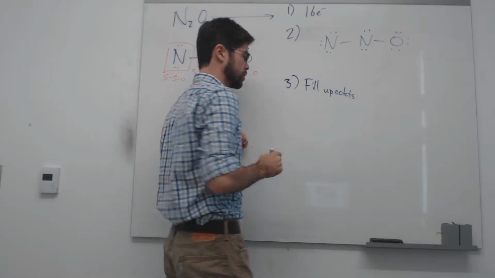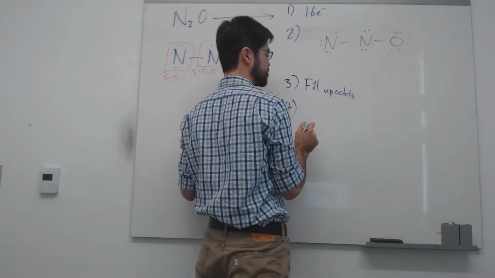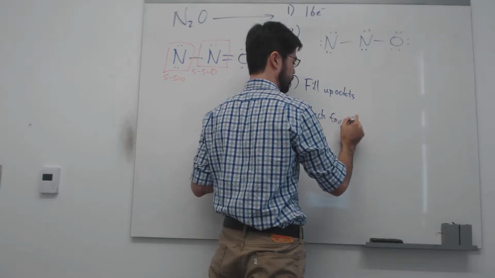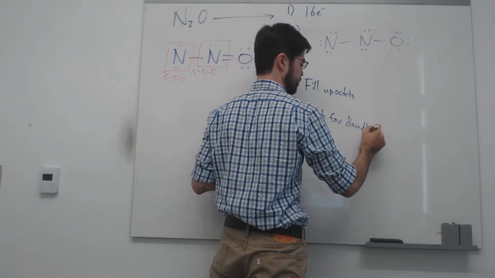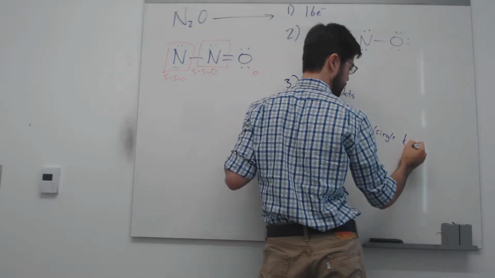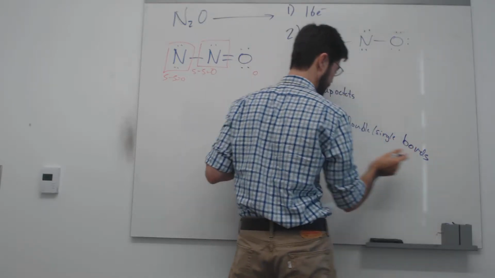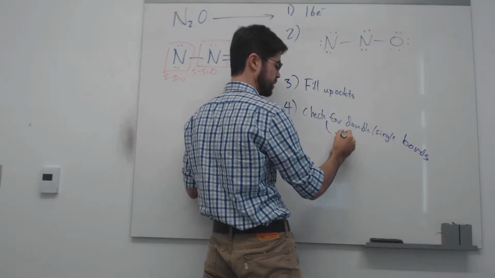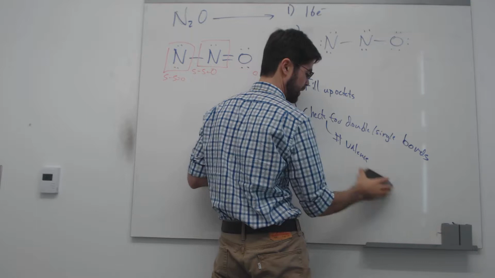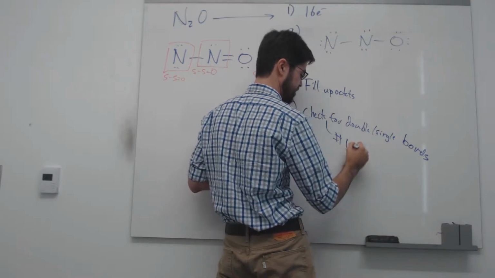The fourth step is to go back and check for double and single bonds. And when I say check, I basically mean check the number of valence electrons in the structure.